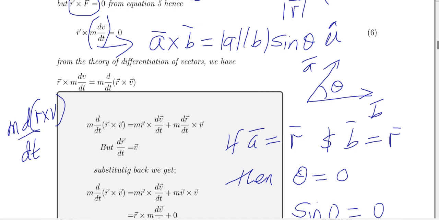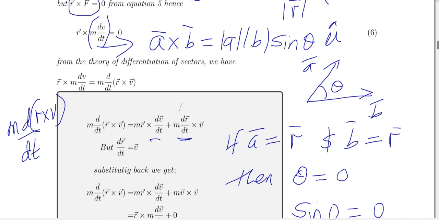Now, by applying the product rule of differentiation, remember the product rule: we first hold r and differentiate v with respect to t, as we have here. Then we hold v and differentiate r with respect to t.